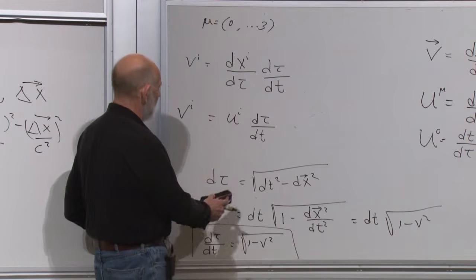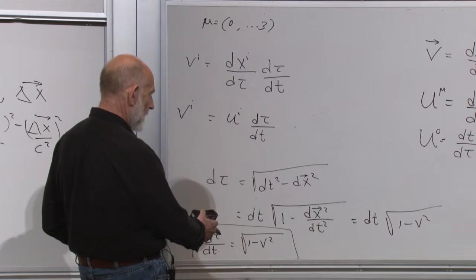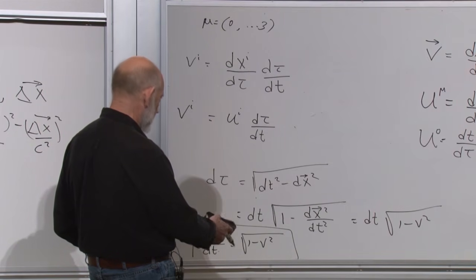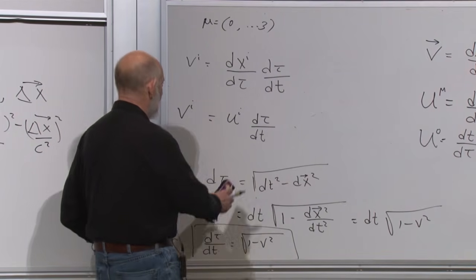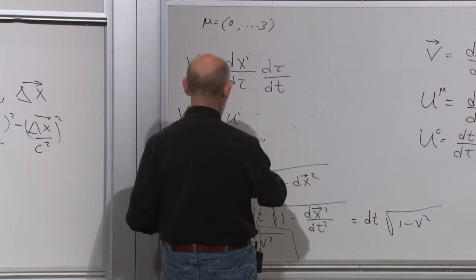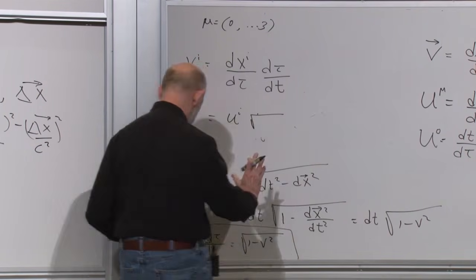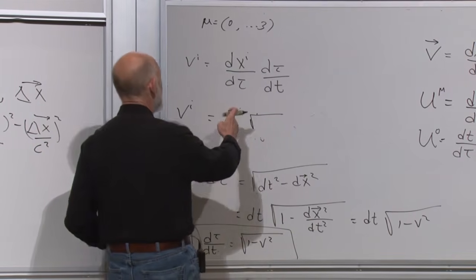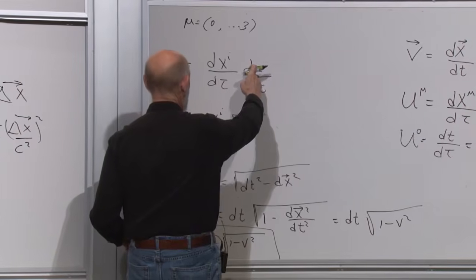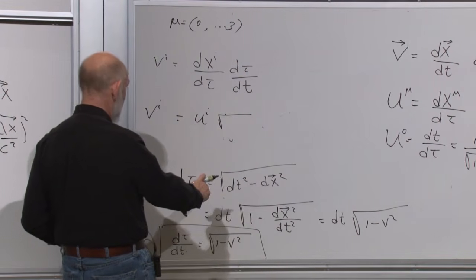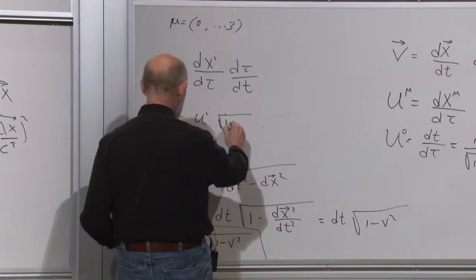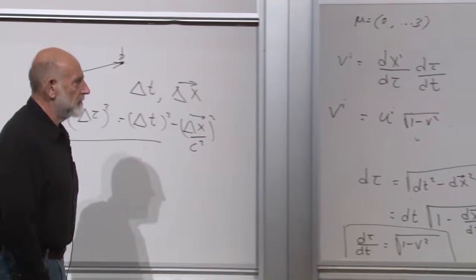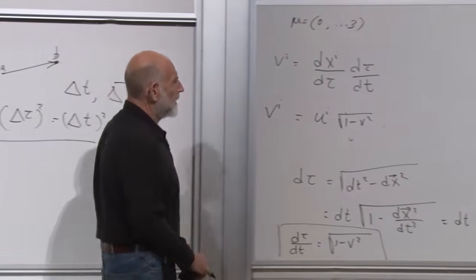But d tau by dt is again just the square root of 1 minus v squared. v sub i is dx_i by d tau times d tau by dt. Looks like it's multiplied. That's correct.